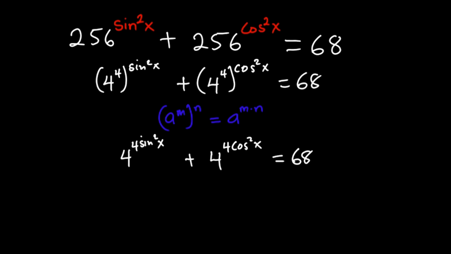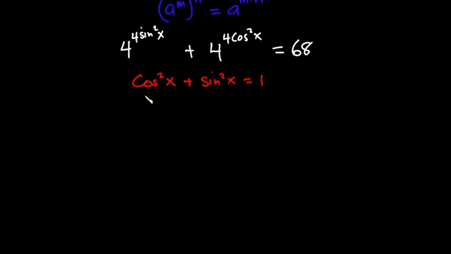Now let's remember one nice equation from trigonometry, which is cos squared x plus sine squared x is equal to 1. Now if we make cos squared the subject from this equation, we're going to have cos squared x is equal to 1 minus sine squared x.